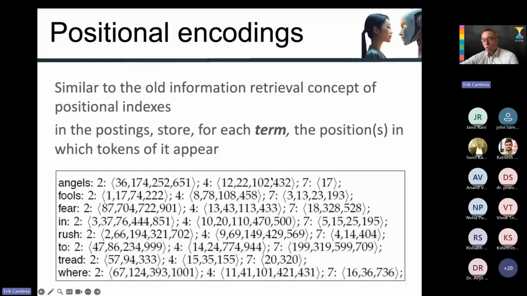So this is actually also a very old concept in NLP and information retrieval. It's just giving numbers to each word in a document.